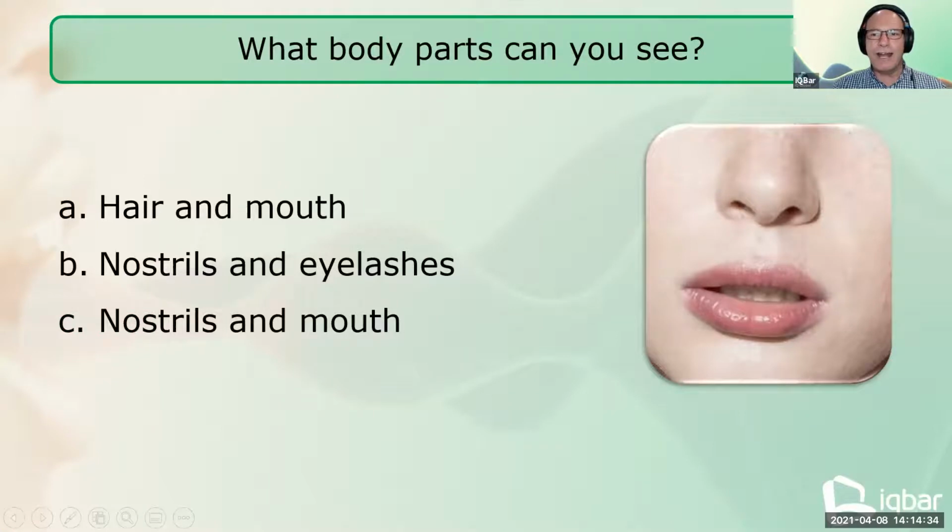Now, if we look at this picture, what can you see in this picture? What body parts can you see? A, hair and mouth. B, nostrils and eyelashes. Or C, nostrils and mouth.